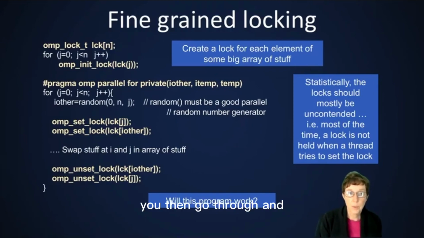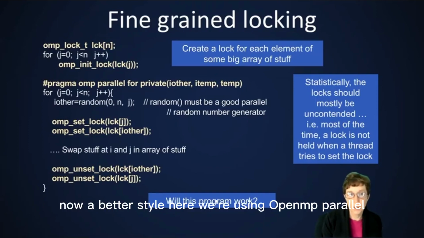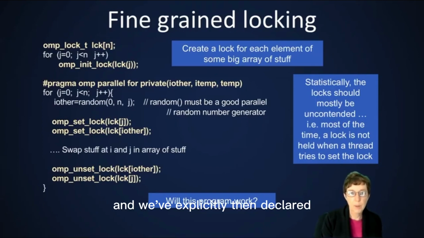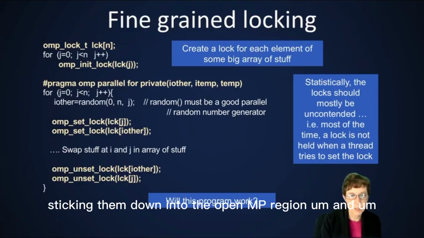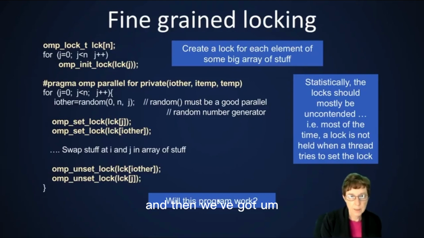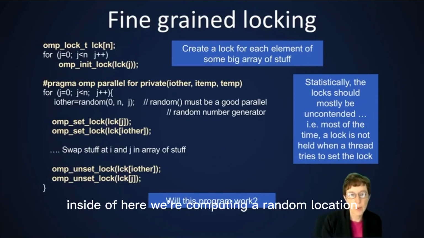You then go through, and this is now a better style here. We're using OpenMP parallel, and we've explicitly declared some of the variables as private, which is another way of sticking them down into the OpenMP region. Inside of here we're computing a random location.